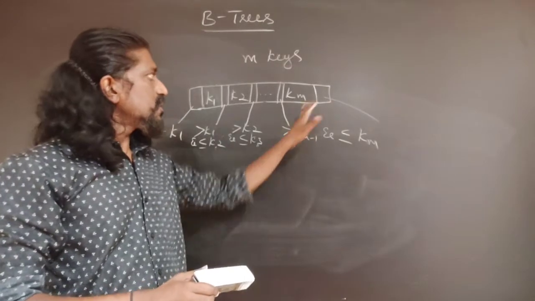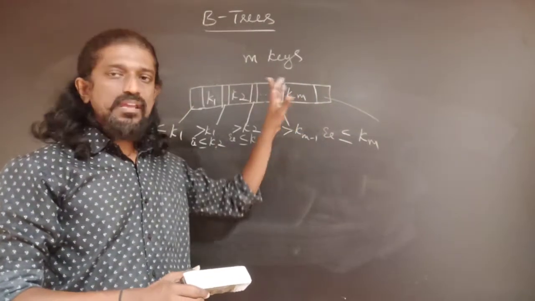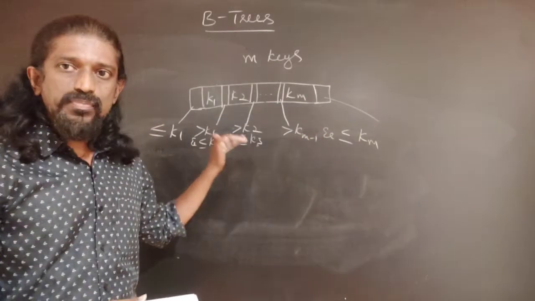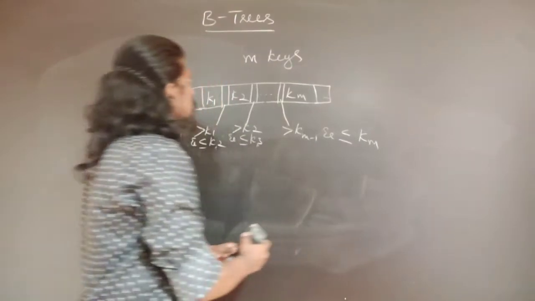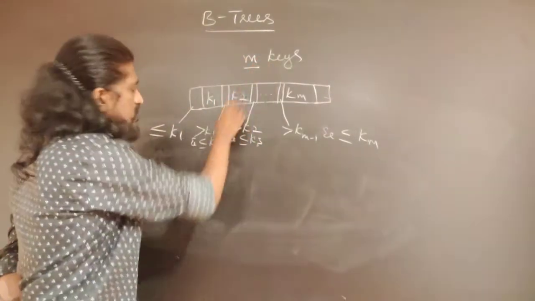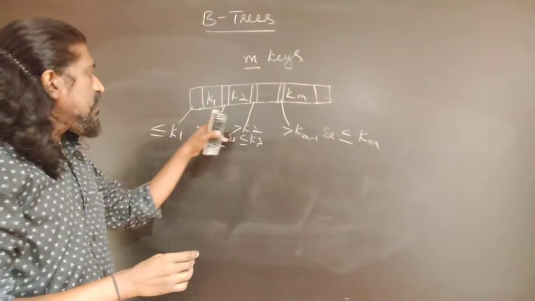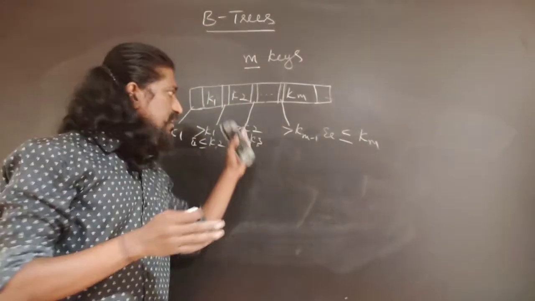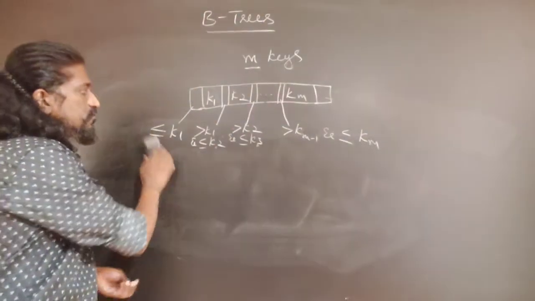So we can have a descendant to the right of the last key km also, but to keep things simple we are eliminating it, so that the number of keys and the maximum number of descendants will be the same. Then when we take m by 2, it will be easier to construct a B tree. That is the only reason, so we will stick to this definition.